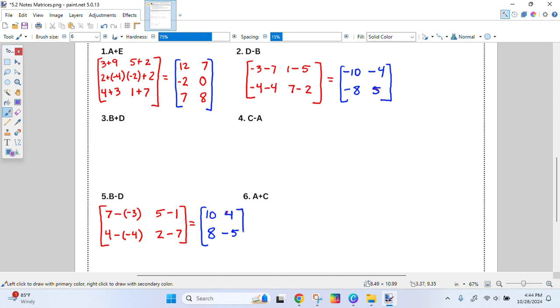All right. If I can pair the two, D minus B and B minus D, you'll notice that our numbers are similar in their values, except here in D minus B, we have a lot more negative values than we do here in B minus D. Okay, so this is a signs issue.